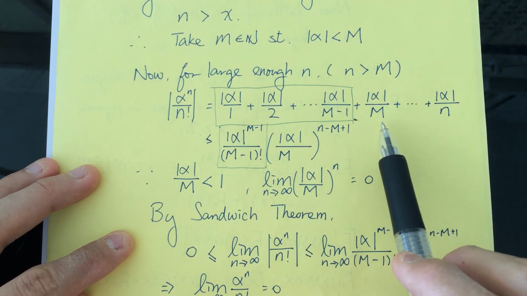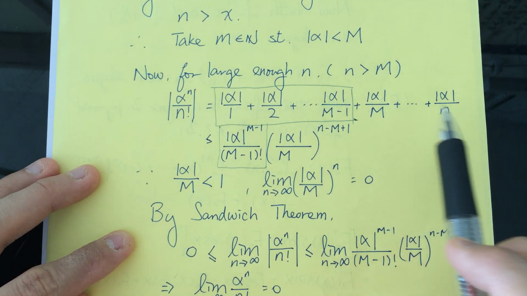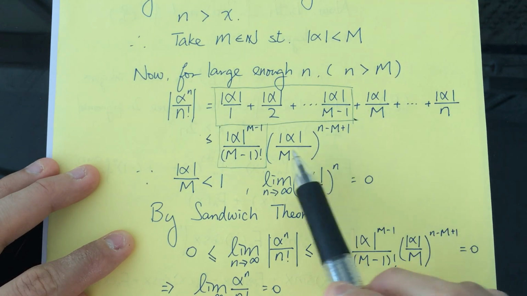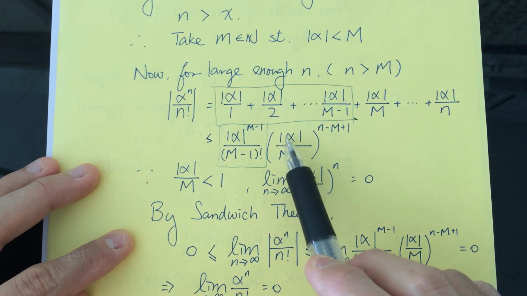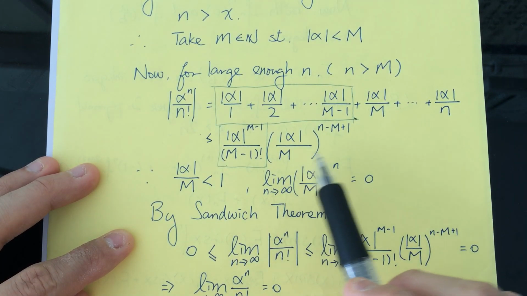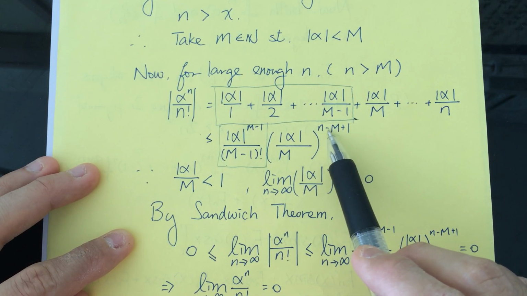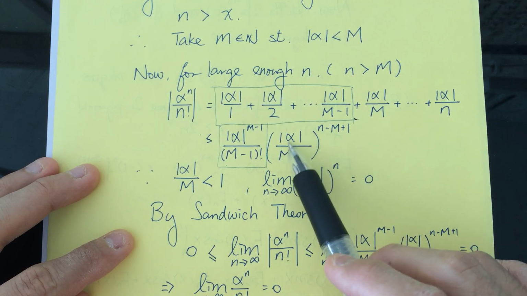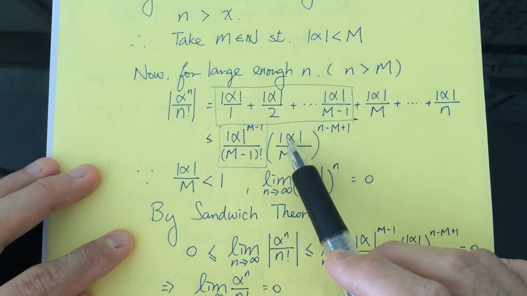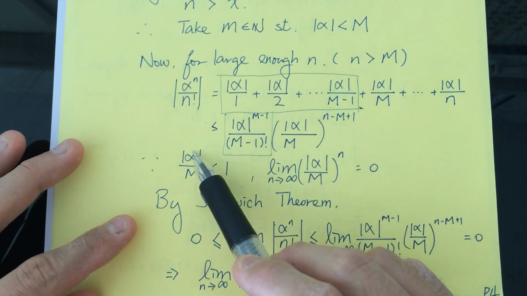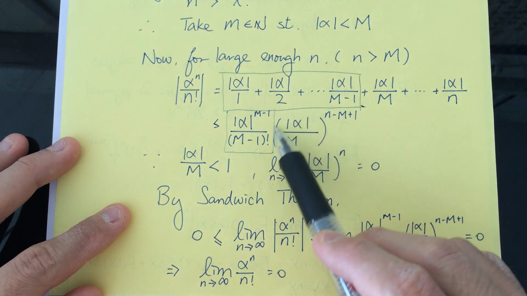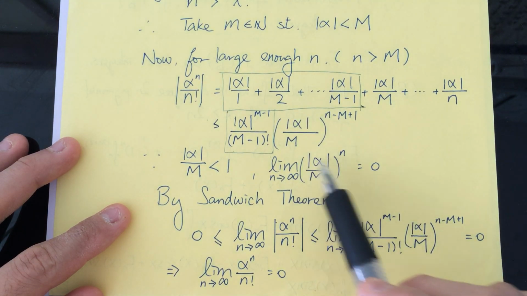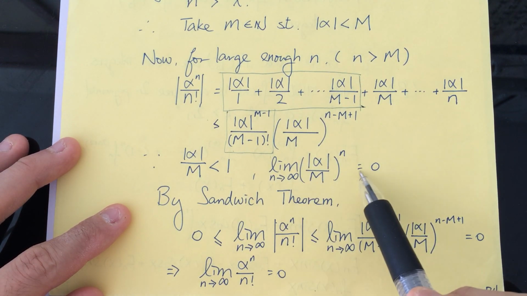For this part, I try to make every denominator m. So this is less than or equal to, with denominator m, the power n minus m plus 1. Note that this fraction is in between 0 and 1. So if we take the limit of this part when n tends to infinity, it must be 0.